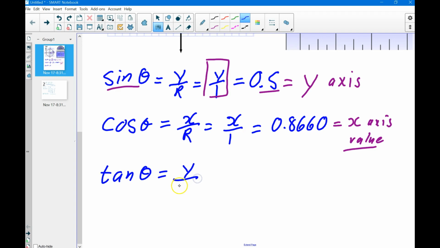y over x. So, the thing about trigonometry in terms of identities, when you get this thing going on up here like this, I'm just going to maybe move this down a bit and just show you what I mean.